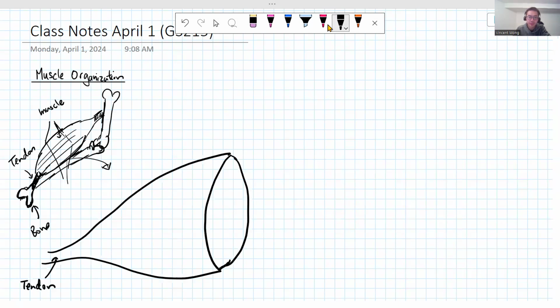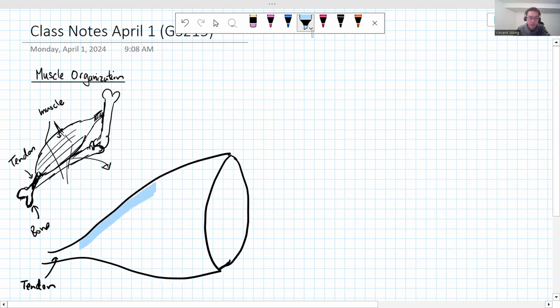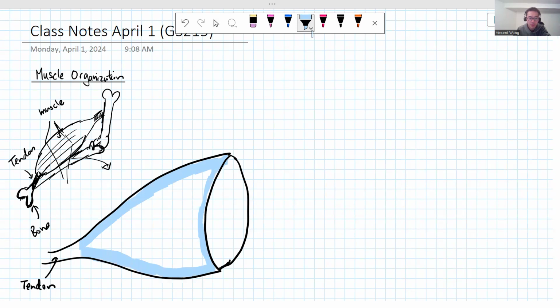Now, the entire muscle is actually surrounded by a connective tissue. So this whole muscle is connected by a connective tissue. So we're just going to color it.